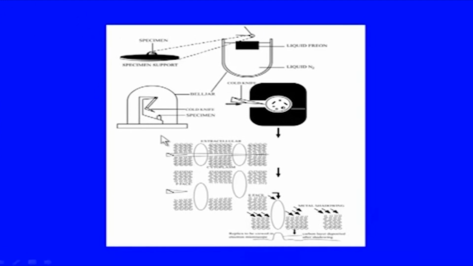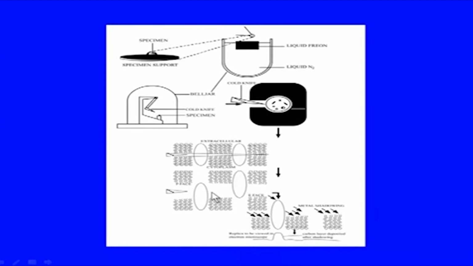Here there is a scalpel or cold knife, and this cold knife is utilized to create the fracture. And like I said, the fracture will take the path of least resistance. In membranes, this is the path it will take.